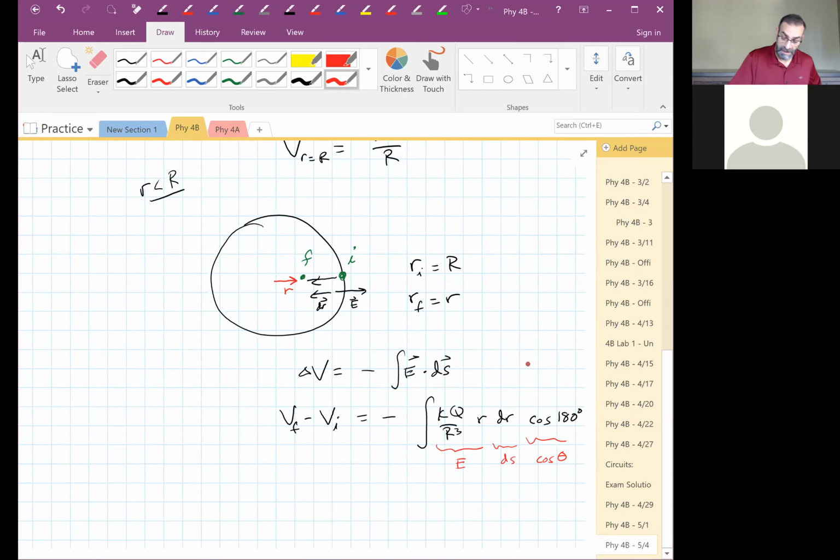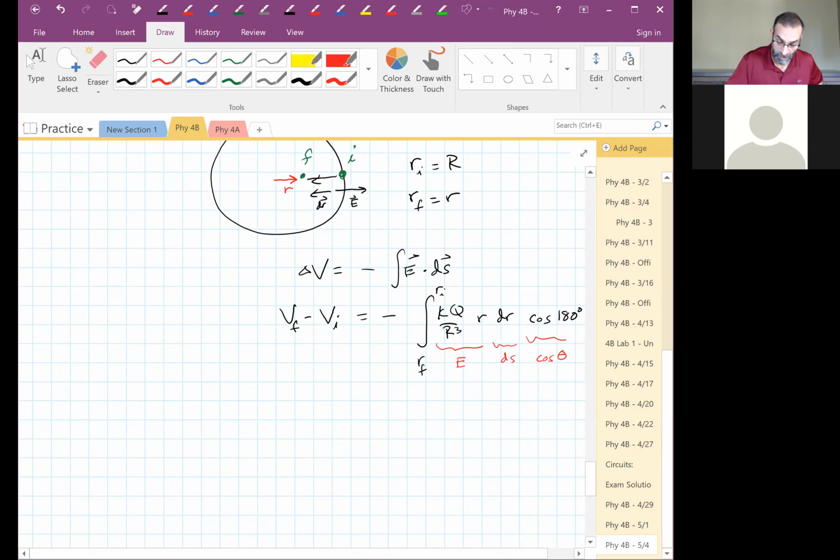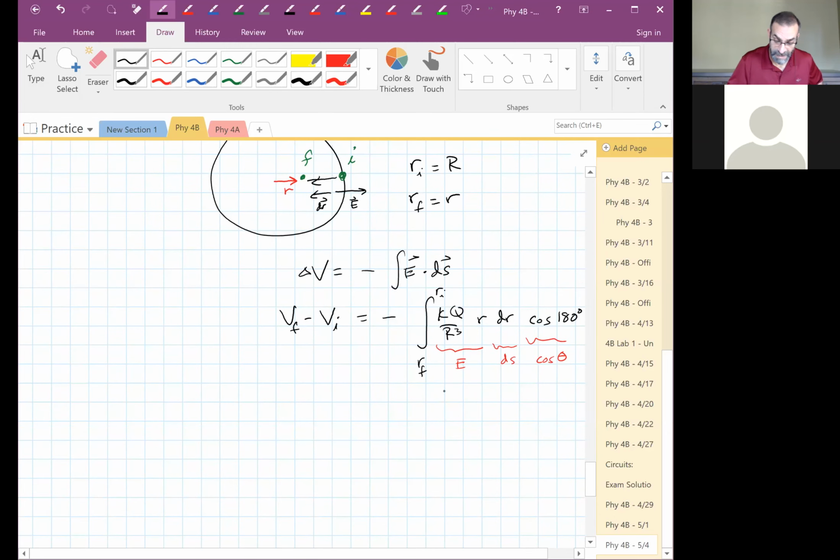Okay, so we got these constants. We've got an r, dr, and a -1. Oh, limits of integration. We're going from, this is going to be r final is the smaller number, to r initial. And r initial we know is capital R. And r final is any r.